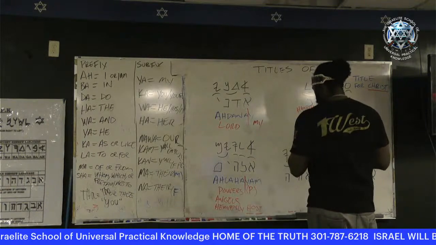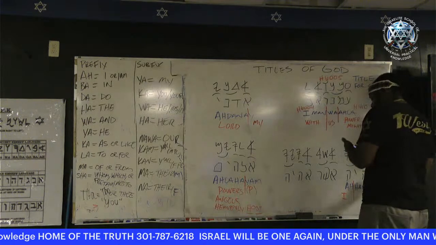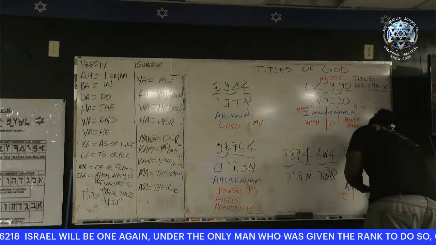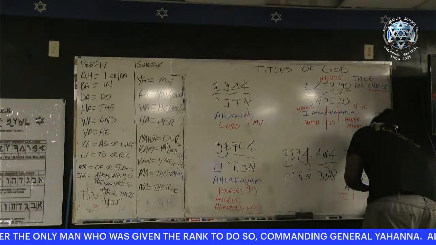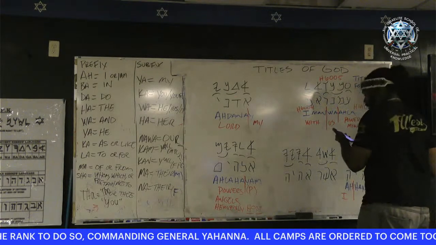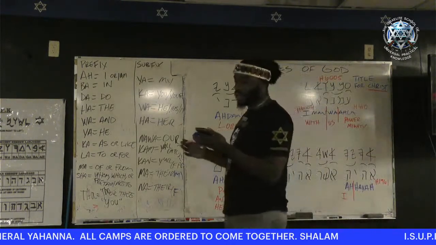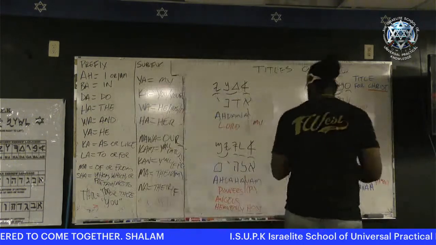So Haya, which is the root word. Strong's Concordance number is H1961. It means to be, to become, come to pass, or exist.